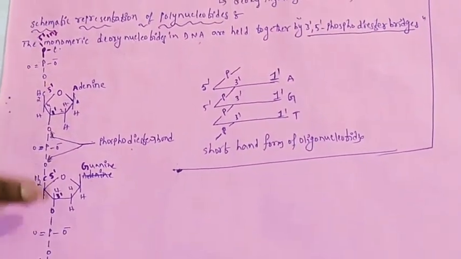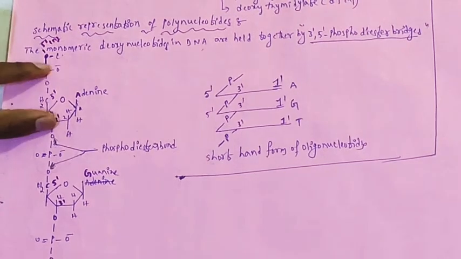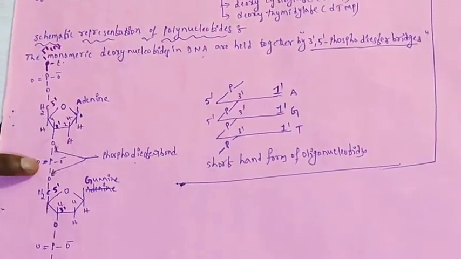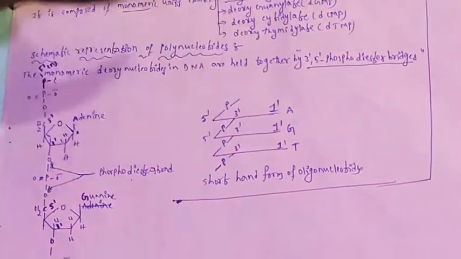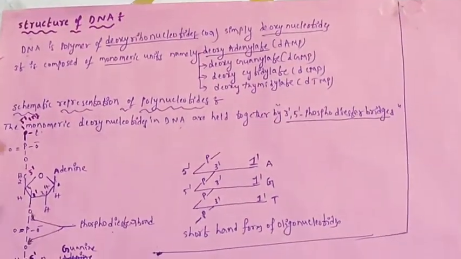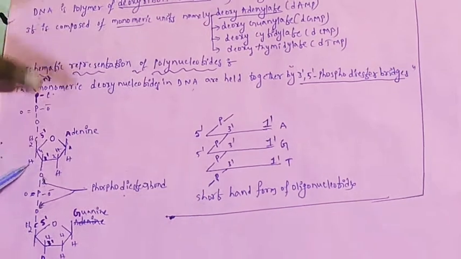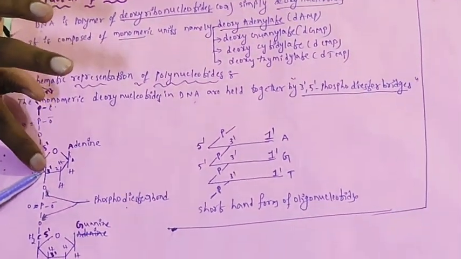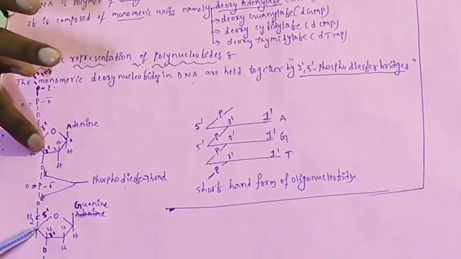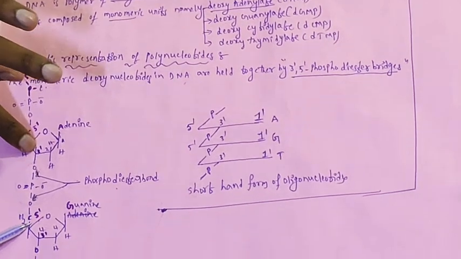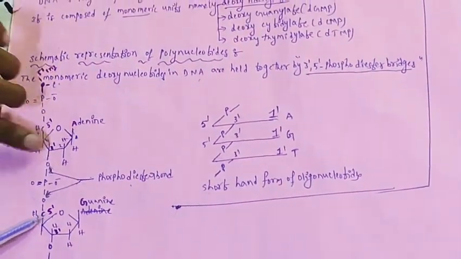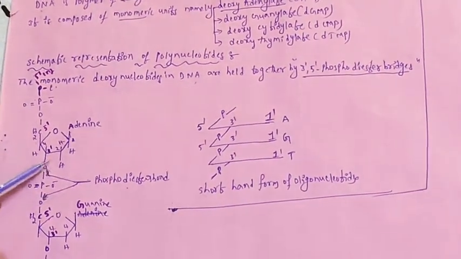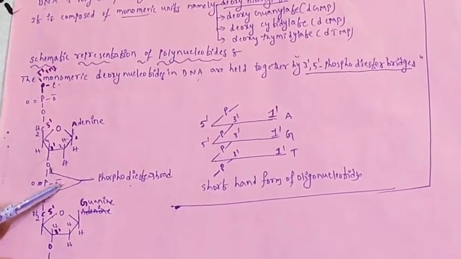You see how these are connected with each other. This nucleotide is connected with guanine through a phosphate group, right? So 3'5' phosphodiester bridges means the third carbon of this nucleotide will connect with the fifth carbon of this nucleotide. Okay, this is the fifth carbon. The third carbon of one nucleotide is connected with the fifth carbon of another nucleotide through phosphate.